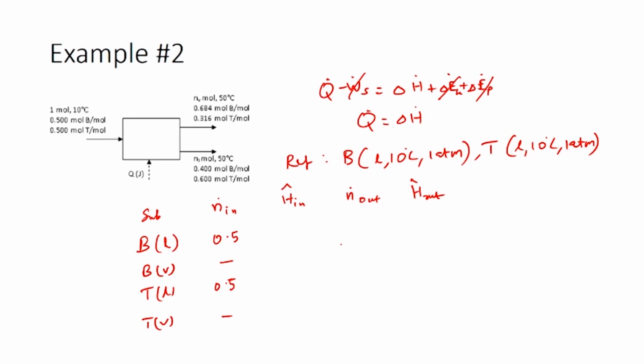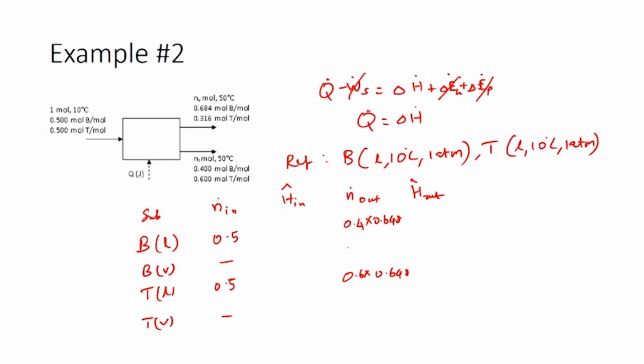The liquid phase exit stream here has 0.4 moles of benzene per mole. So, we have 0.4 times NL, which is calculated to be 0.648, and similarly toluene would be 0.6 times 0.648.